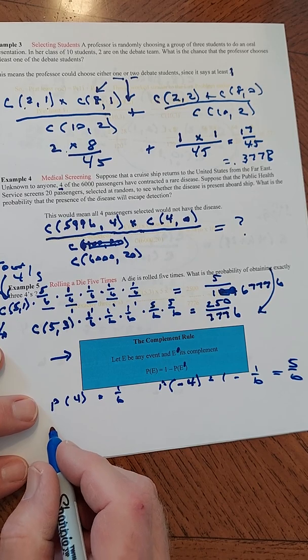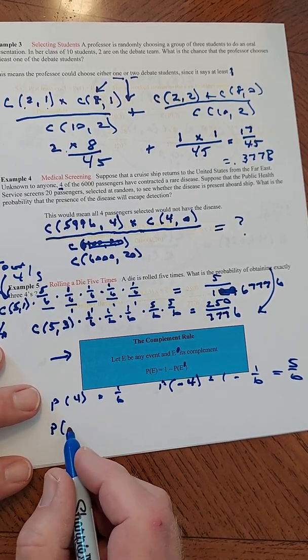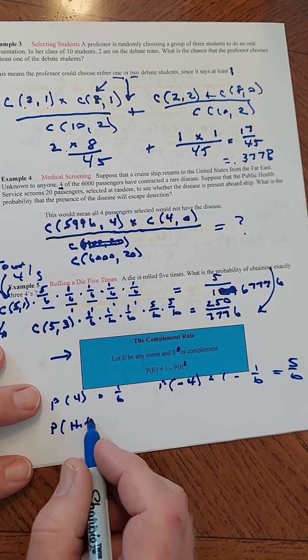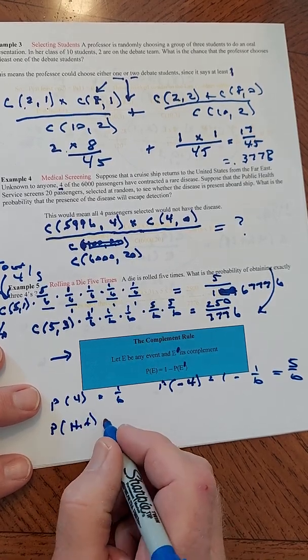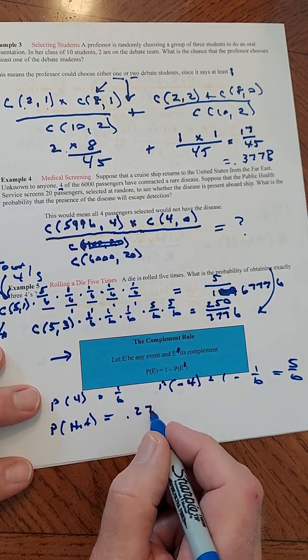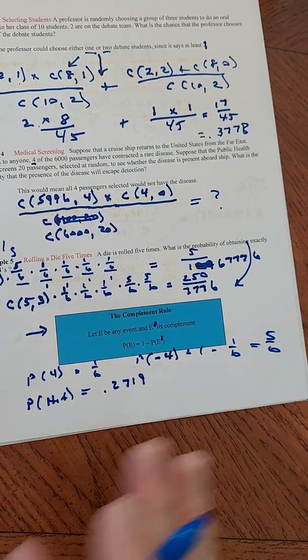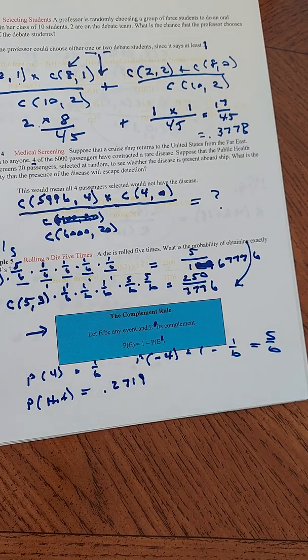So let's say I had the probability of hitting a free throw. I'll just say probability of hit. Let's say that I know that that is 0.2719. Now, how did I get that? Well, I'm making it up, but remember we were talking about shooting free throws, and usually there's a manager that keeps track of that stuff.